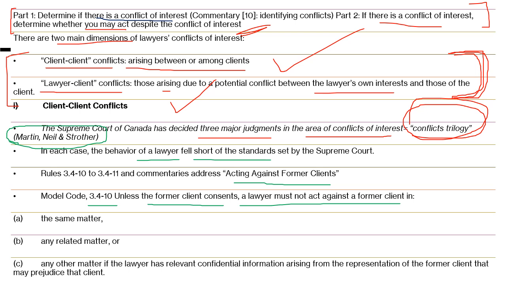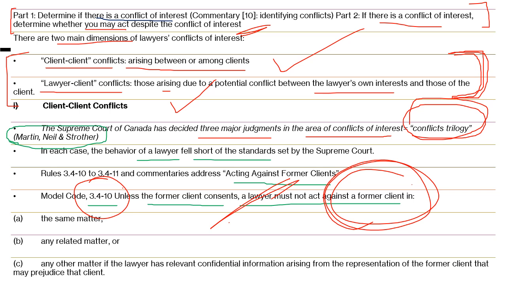Former client. So if you have to legally represent a new client, and the case is against your former client, in that scenario, as per Model Code 3.4-10, you cannot move further with that case without consent from your former client.